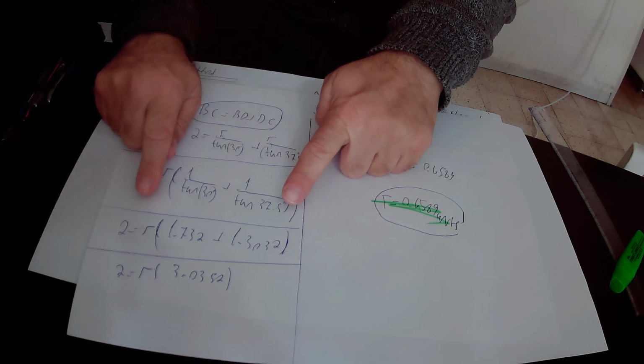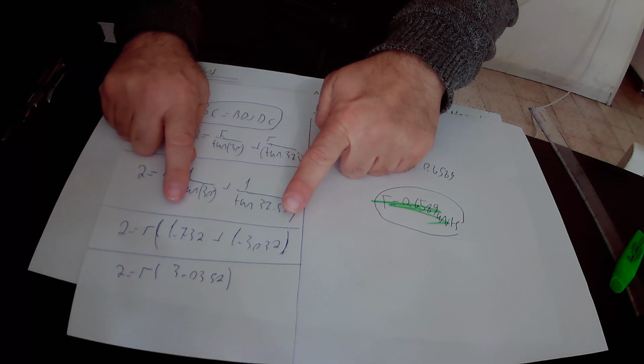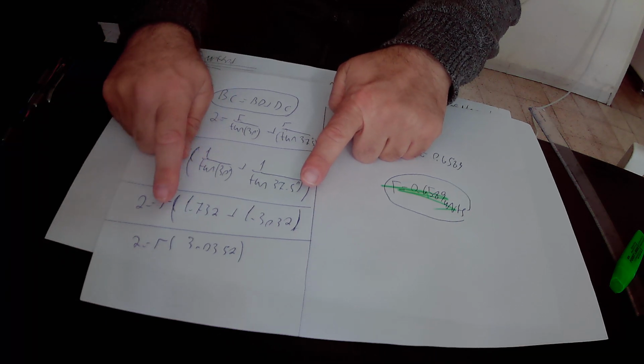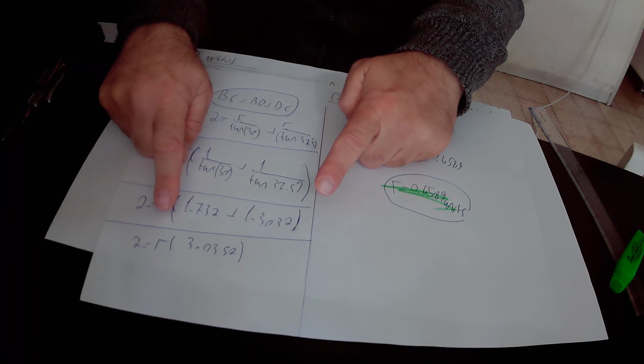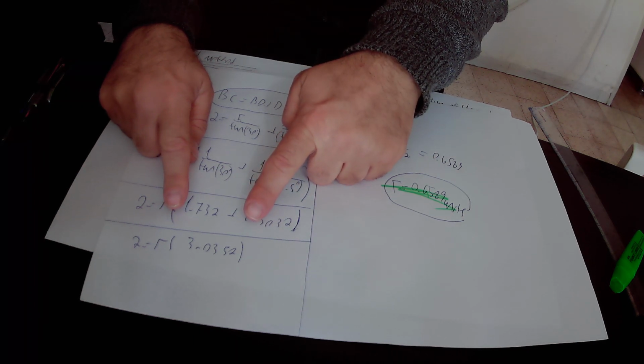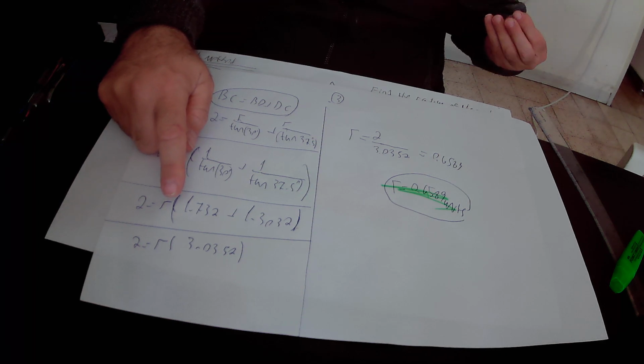1.3032. So in conclusion, 2 equals R times 1.732 plus 1.3032. So 2 equals R times 3.0352.